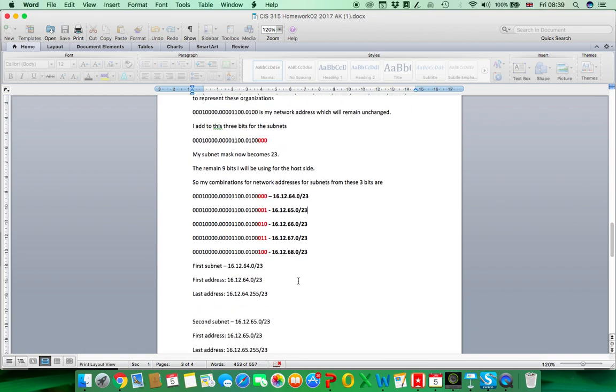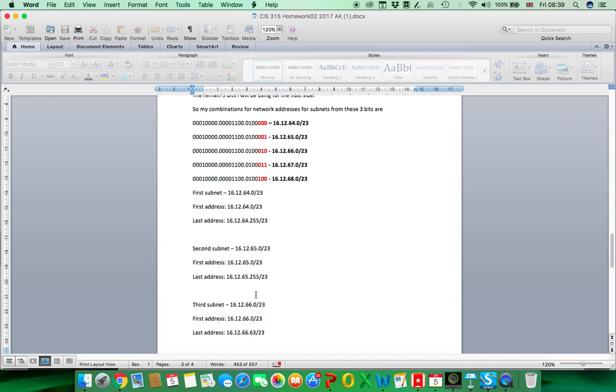Now out of this, the first two subnets need 256. So you're going to have to use all host addresses from this for your first subnet. So your first address is 64.0 and last address is 64.255. I think the majority of you got this part right. Now look at the next one.